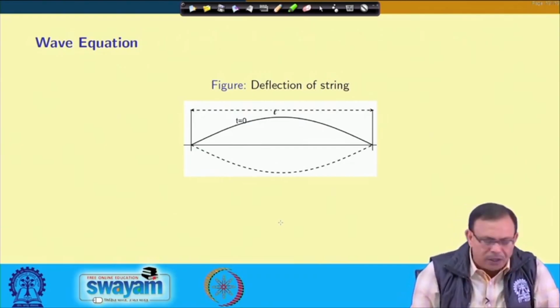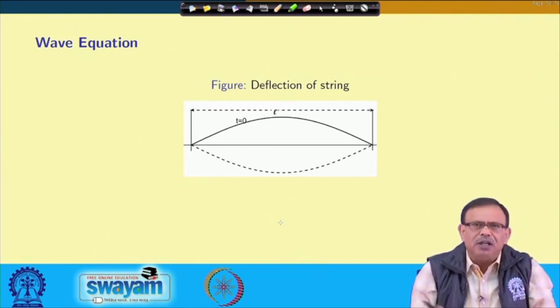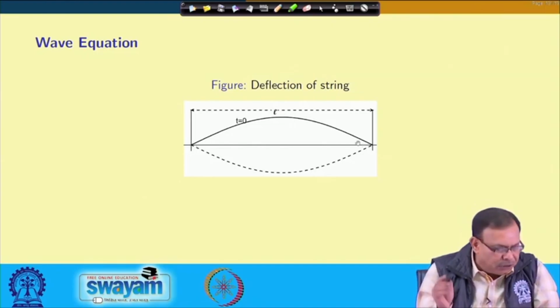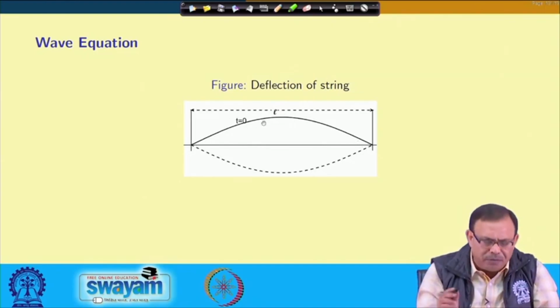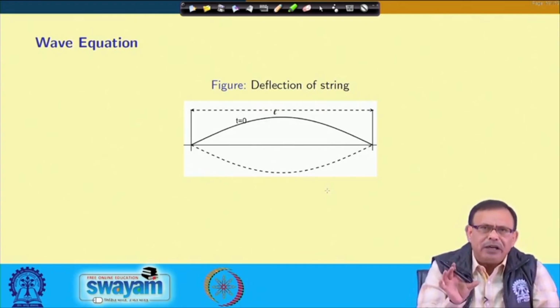First, let me come to the wave equation. We have an elastic string, which is fixed at 2 points, this point and this point. At t equals 0, suppose the string is released and we allow it to vibrate.